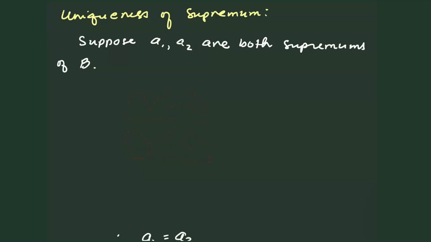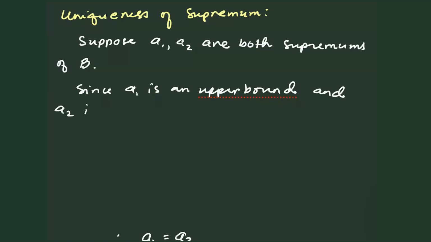They are both supremums, so therefore they are both upper bounds. So since A1 is an upper bound, right? For you to be a supremum, you have to be an upper bound. And A2 is a supremum of B, then supremum means you have to be the least among all the upper bounds.